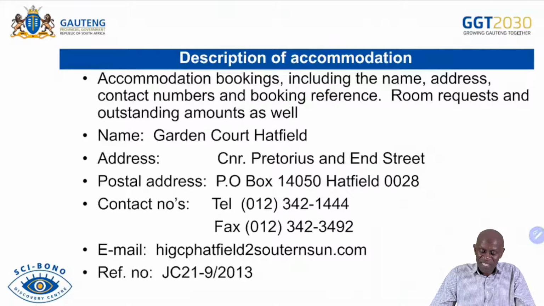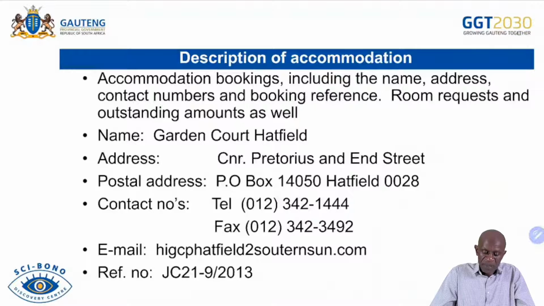Description of accommodation. Accommodation bookings include the name, the address, the contact numbers, and booking reference. The room request and outstanding amounts should also be indicated when you describe an accommodation.